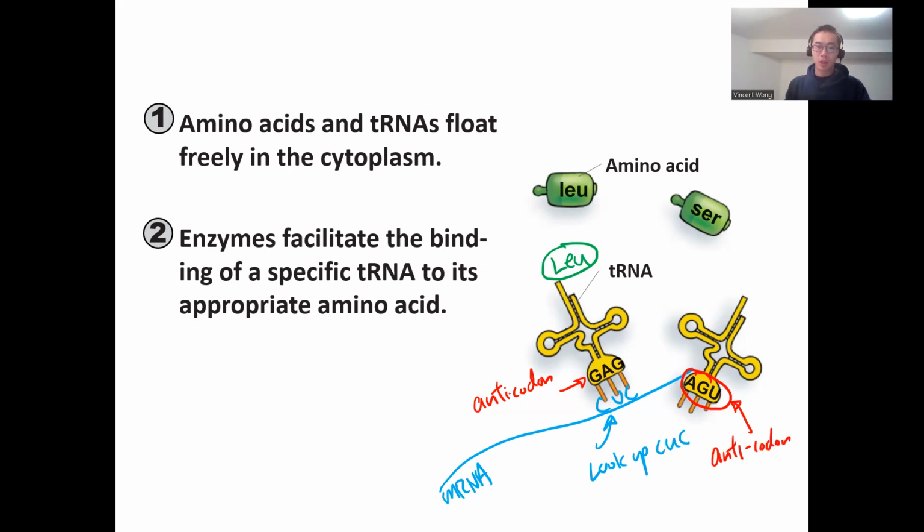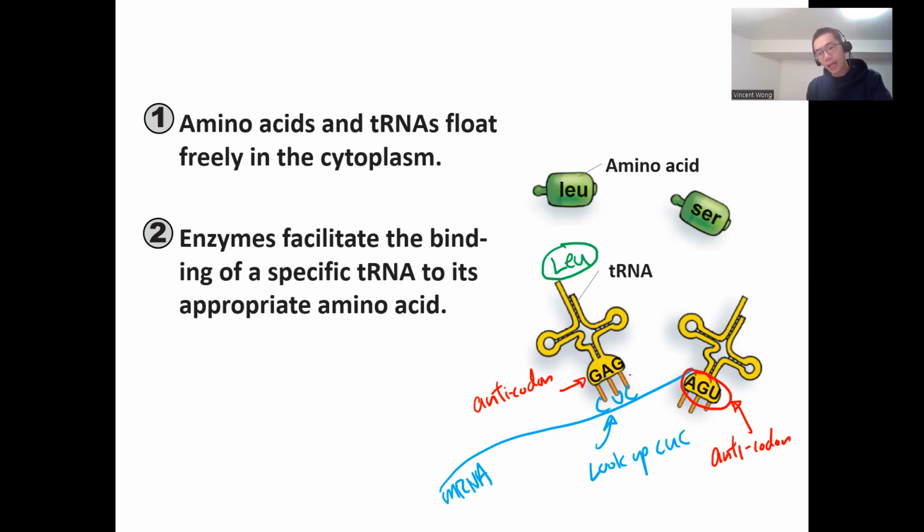The anticodon is going to help decide what amino acid we are going to be putting onto the tRNA. Okay. And ultimately, the tRNA will be bringing the amino acid to the messenger RNA, right?